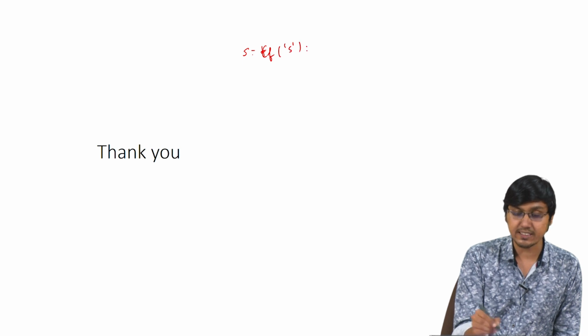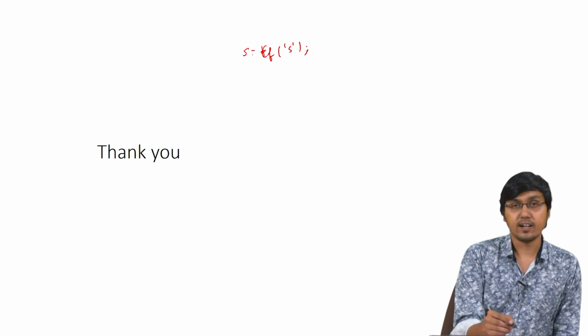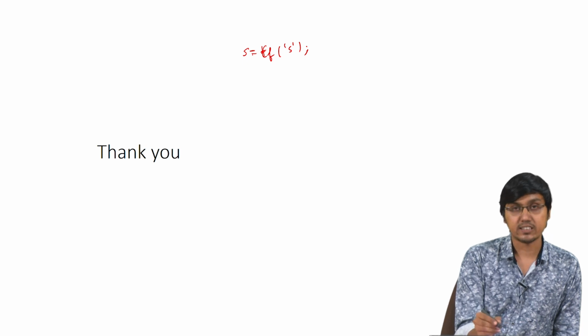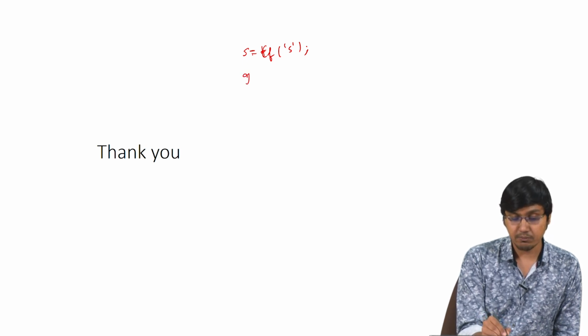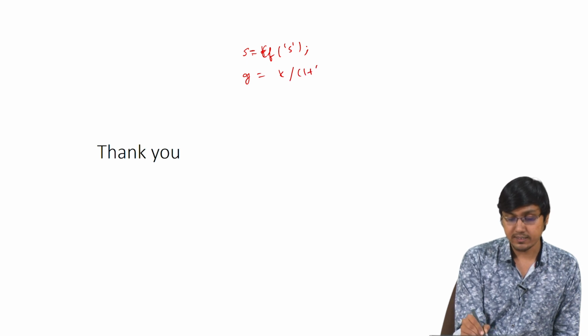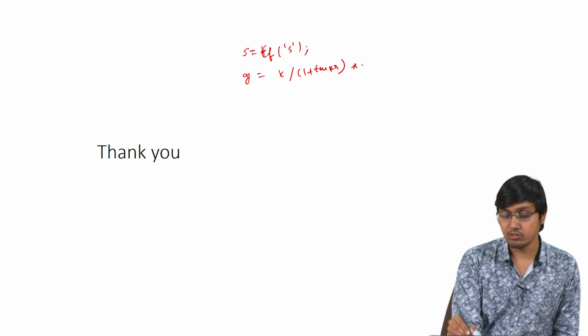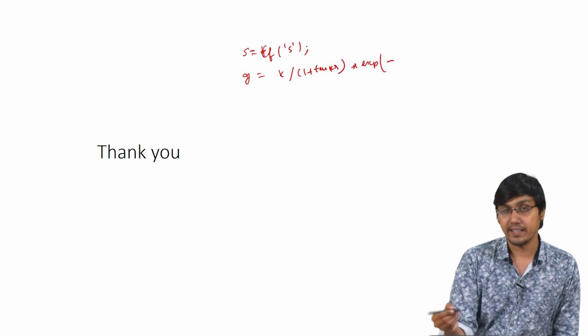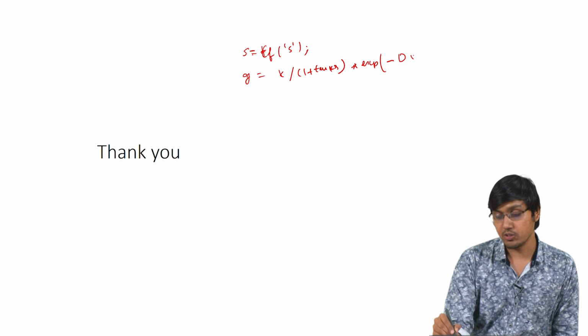In MATLAB, if you want to give time delay systems, you put s equal to transfer function variable s, and then you say some transfer function g equal to k by 1 plus tau s, into exponential of minus d into s.